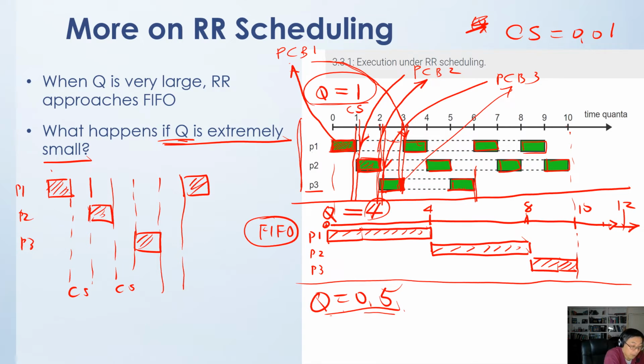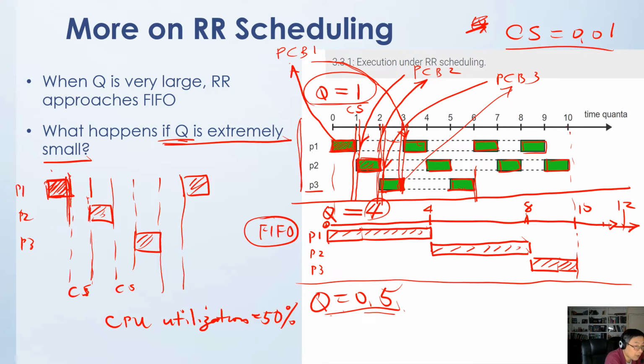So that's a big problem because now the CPU utilization is extremely low, because in this particular case, the CPU executes the process and then spends the same amount of time doing the context switching, which is technically doing nothing. So the CPU utilization is only 50%, right? That's pretty big. So half of the CPU time is wasted on the context switching.